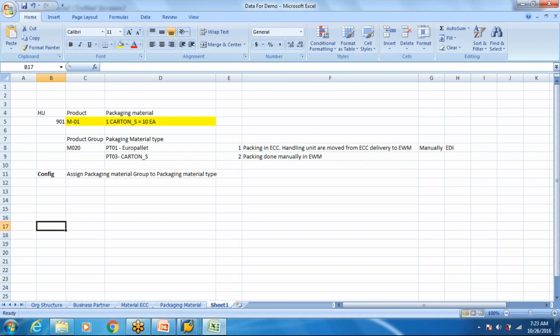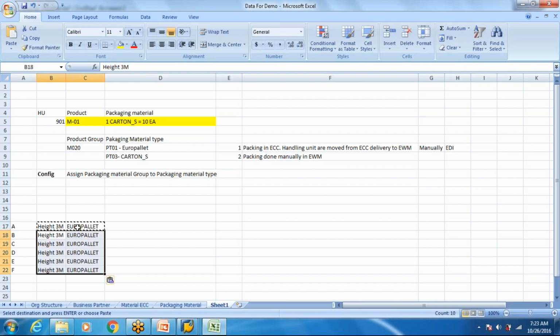Okay, let's say your product has a height of, let's say, 3 meters, a finished product. Let's say you have 10 products, A, B, C, D, E, and all have a height of 10, and because of their height restriction they can only be stored in a Euro pallet.